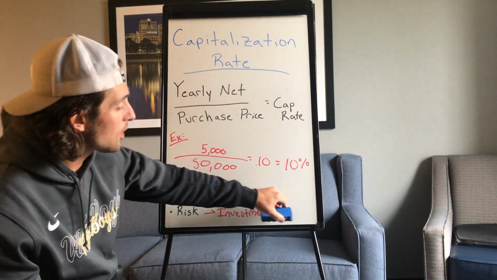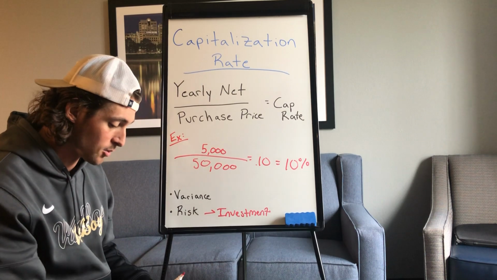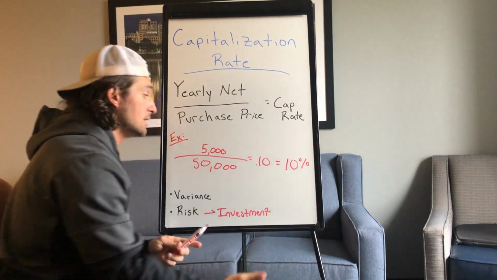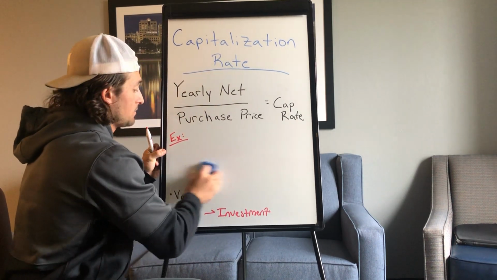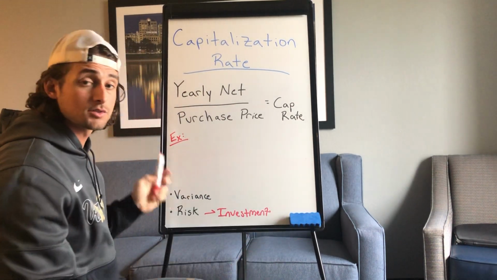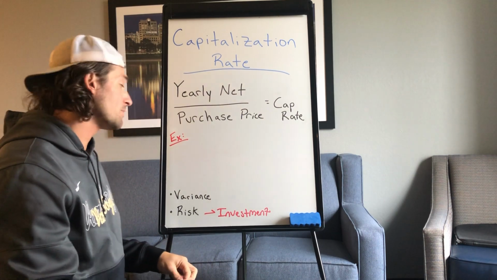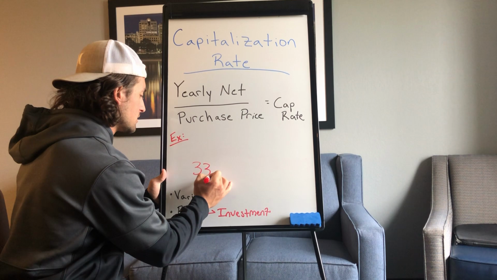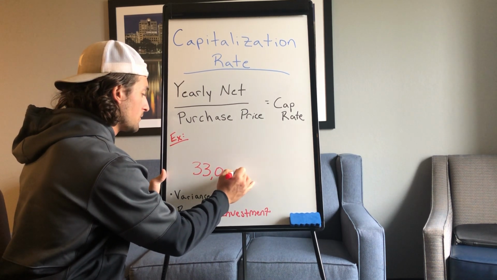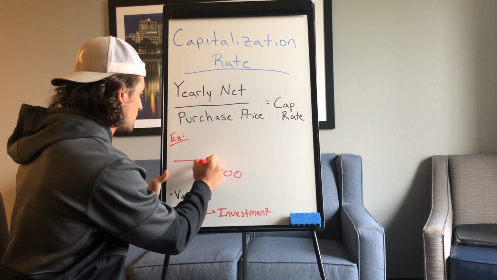Now, let me also show you what happened years ago when I first got into this market, all right? As you guys know, if you've watched other videos, I started in Birmingham, Alabama. The first home I purchased in Birmingham, I purchased for $33,000 all in, $13,000 up front, all right?